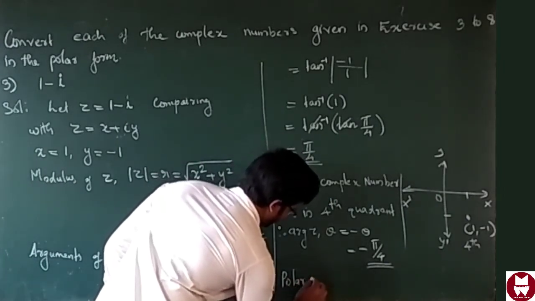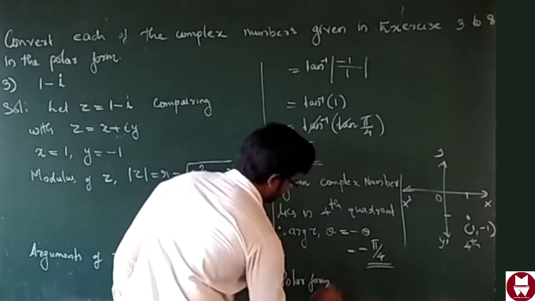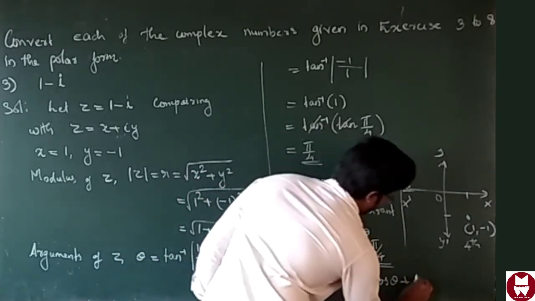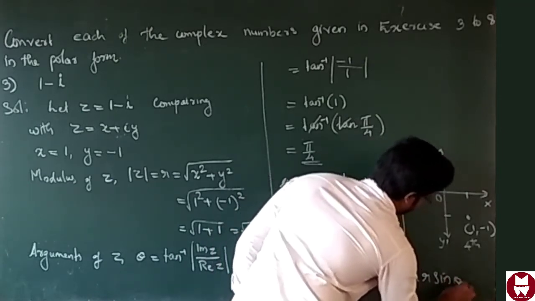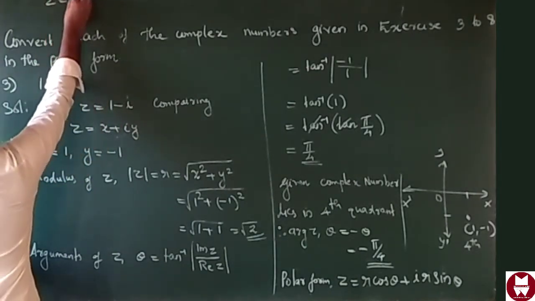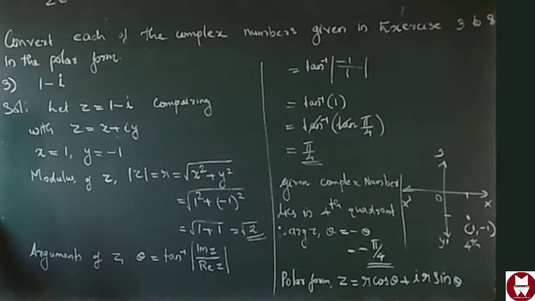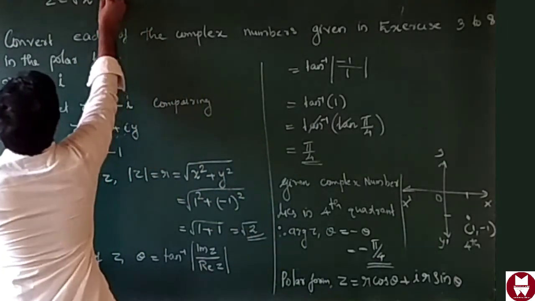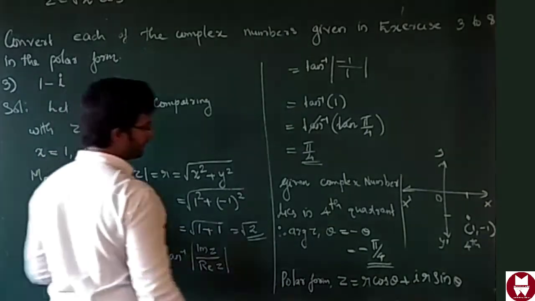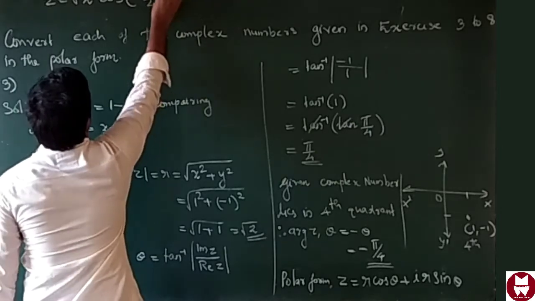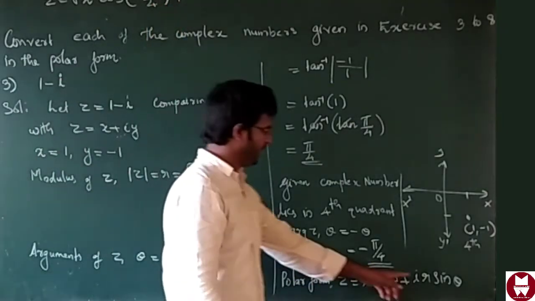the polar form. Polar form, that is z equal to r cos theta plus i r sin theta. z equal to, what is r? We already got r, modulus of z, that is root 2. Root 2, then cos theta, where theta is minus pi by 4, plus i r sin theta.